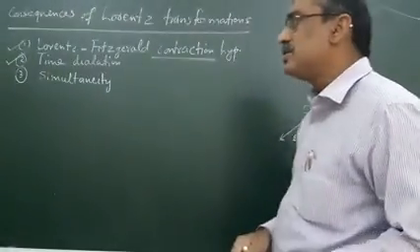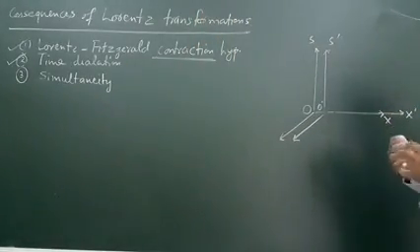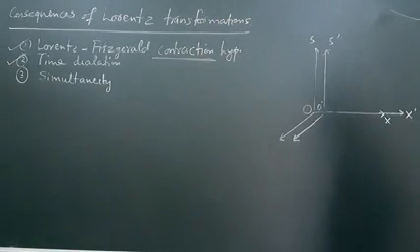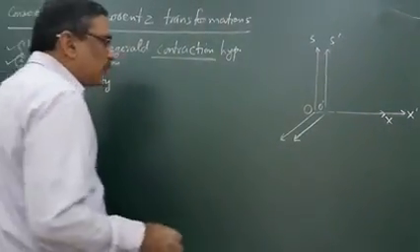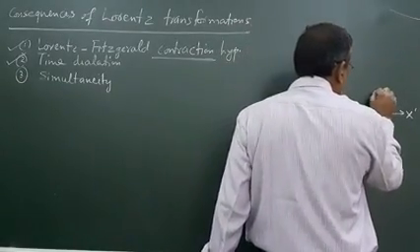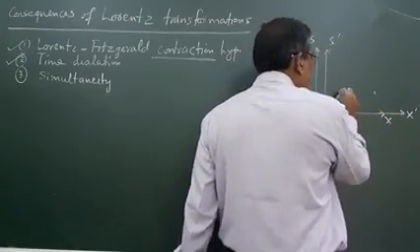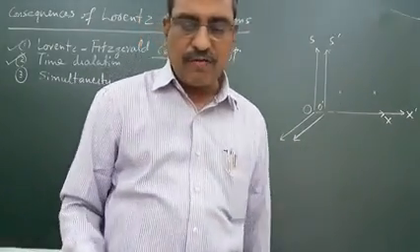Now today we are going to decide whether simultaneity is an absolute phenomenon or a relative phenomenon. Suppose one event is happening at this time and the second event is happening at this time. So in the first frame we are talking about these two events.